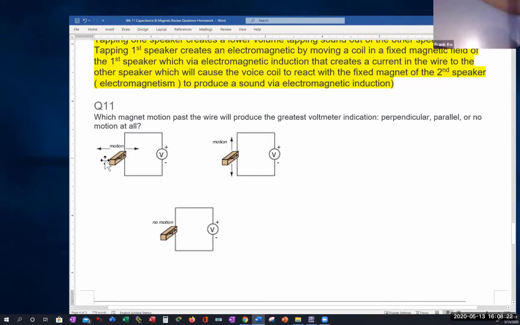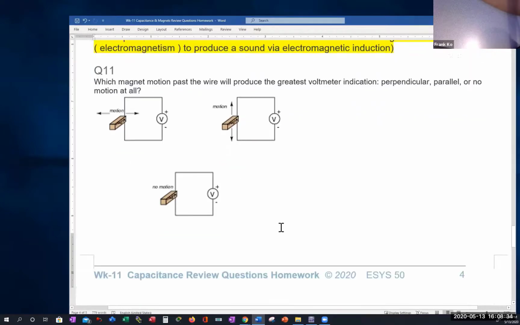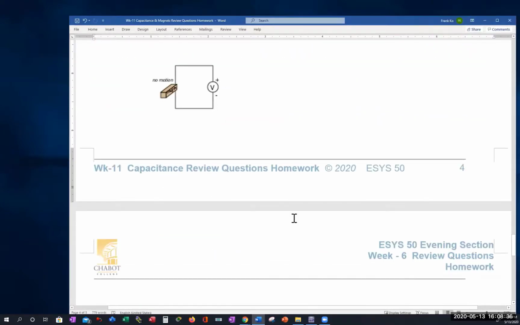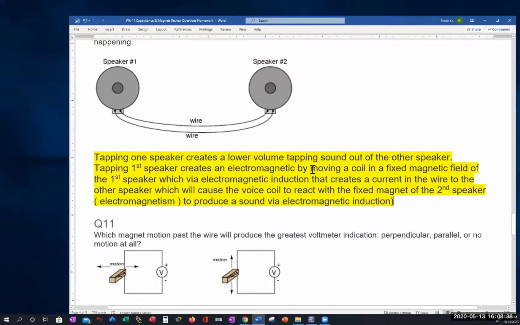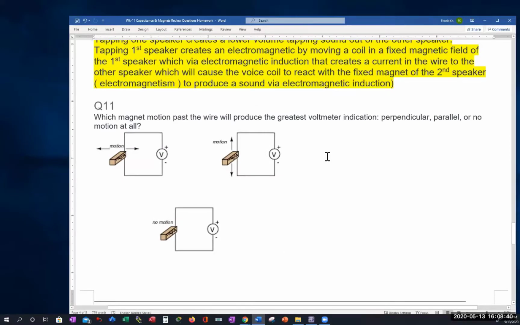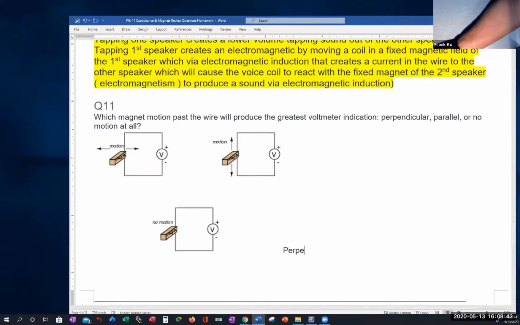And so which descriptor do we use? Perpendicular, parallel, or no motion? Perpendicular. Perpendicular is correct. Cool.